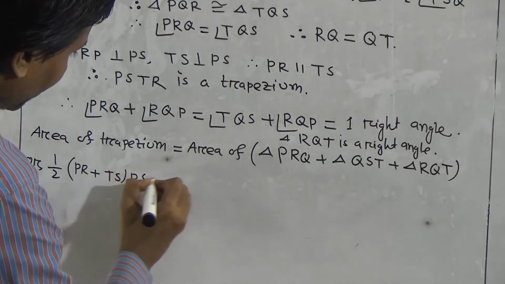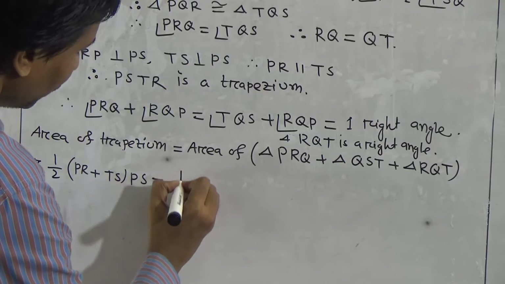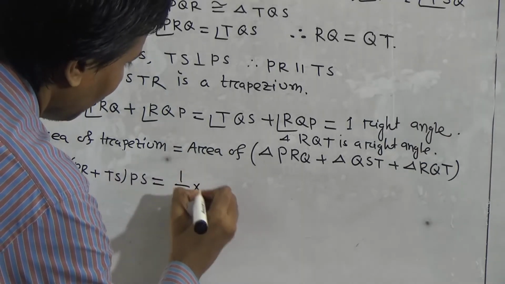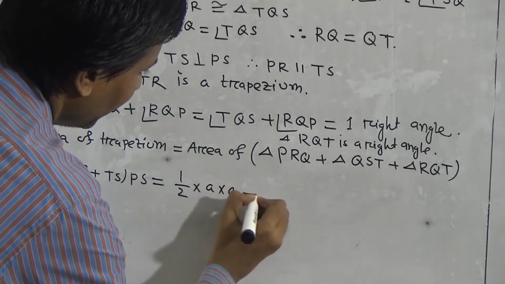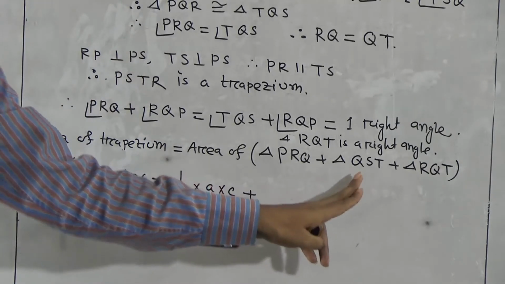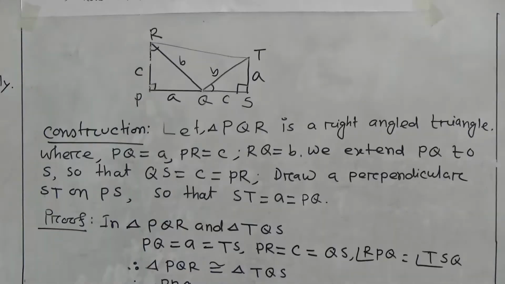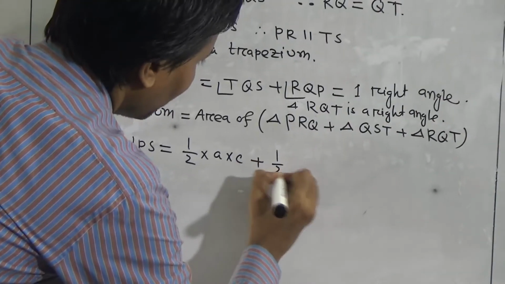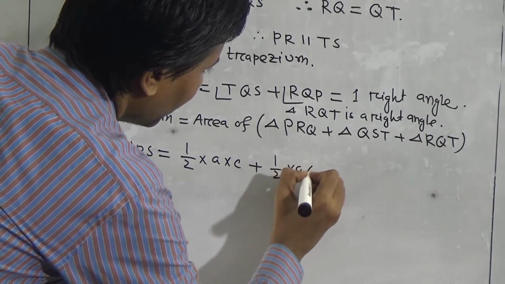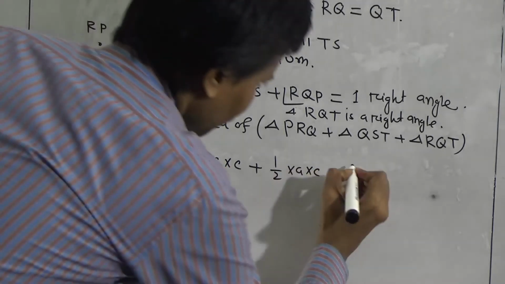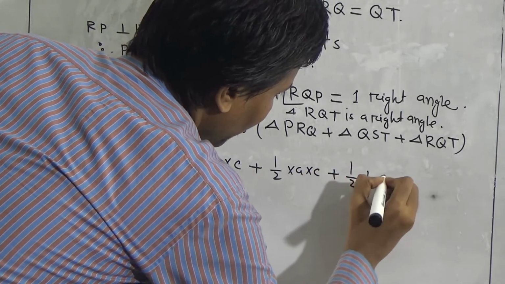Height PS equals area of PRQ, half into AC (half into A into C), plus area of QST, half AC (half into A into C), plus RQT, half B into B.